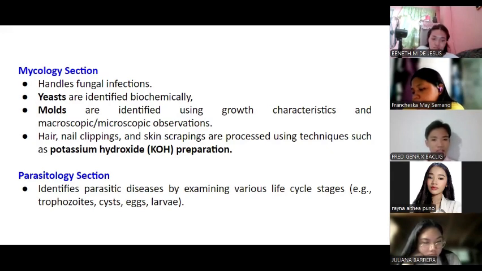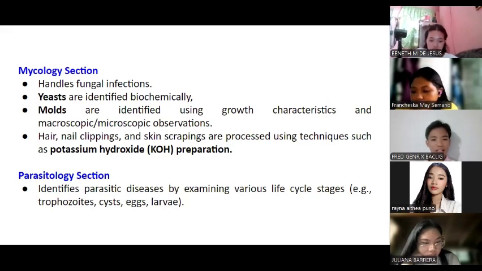For the parasitology section, it identifies diseases by examining various life cycle stages such as trophozoites, cysts, eggs, and larvae. This section is dedicated to diagnosing parasite infections.